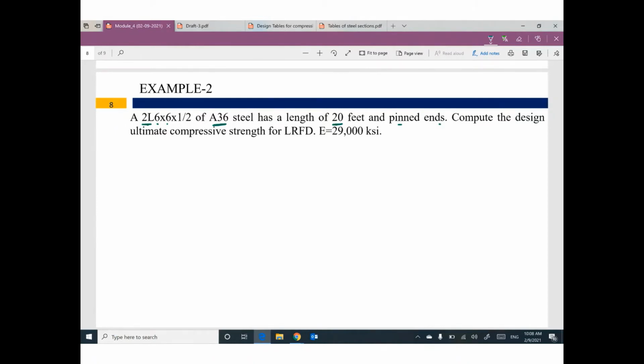Okay, we understand we are looking for design ultimate compressive strength. So phi Pn. Why phi? Because we are looking for design, not nominal. Phi Pn equals 0.9 F critical times area gross. That makes sense?